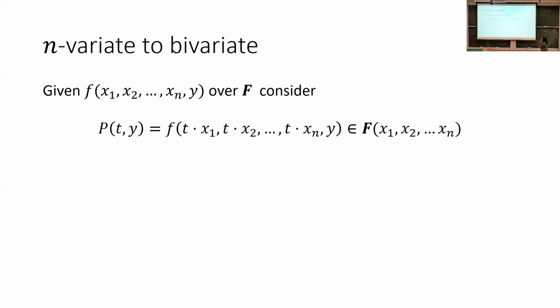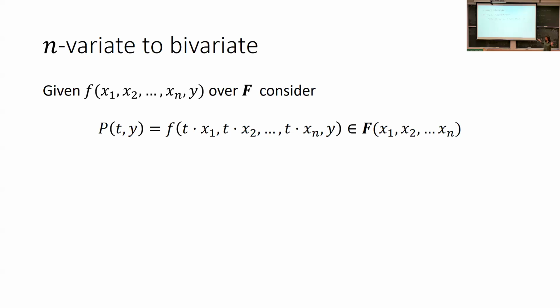Good. So one is, you know how to deal with bivariate polynomials. How do you handle n-variate polynomials? There's a nice trick for that. Suppose my polynomial f was a polynomial in x1 to xn and y. Here's how I convert it to a bivariate polynomial. I multiply each of the x variables by a fresh t variable, and I view it as a bivariate in t and y. And I think of the x1 to xn as coming from the coefficient field. So my coefficient field is this big field, my original field joined x1 to xn.